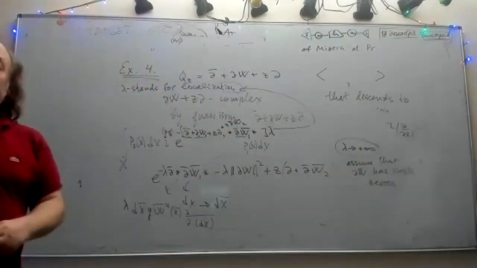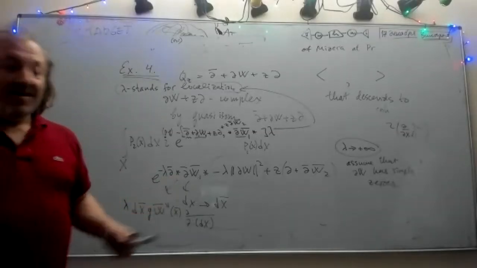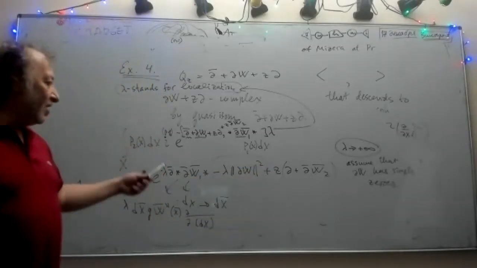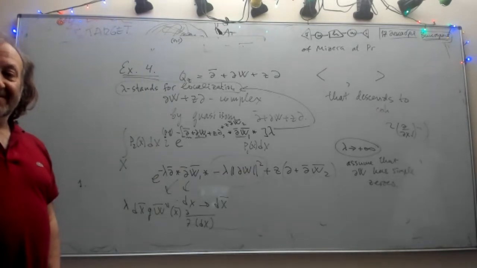It's not a necessary requirement. My claim is that I already computed everything. But if it has simple zeros, I can simplify further. Okay?